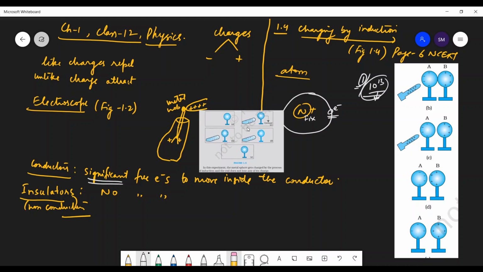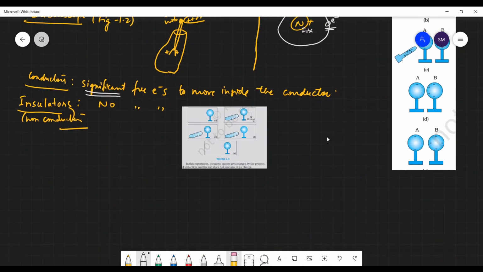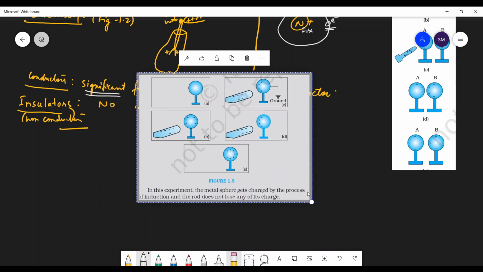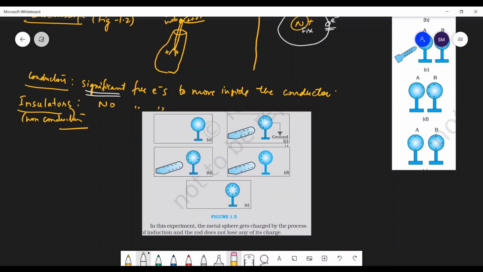So look at this figure. Here also, due to this negative charge, in figure B, the negative electrons went away, repelled by this negative rod. Because the positive charge is the nucleus, that is fixed, so negative charges move away.